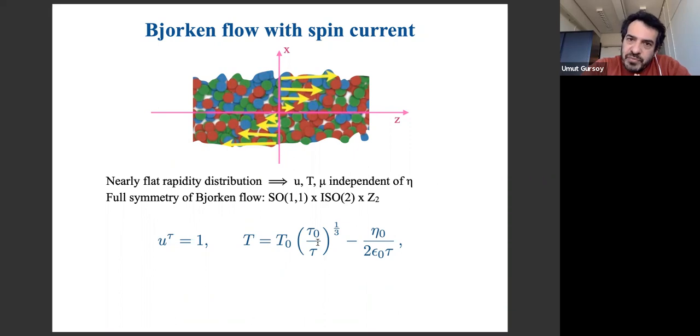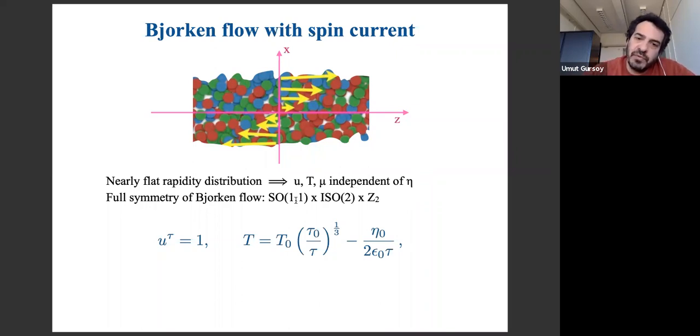We want to construct a Bjorken flow in the presence of spin current. Bjorken flow comes from the nearly flat rapidity distribution of the particles produced in the heavy ion collisions, and that means, from a practical point of view, mathematically, that all these dynamical hydrodynamic variables you have in your system should be independent of the rapidity eta.